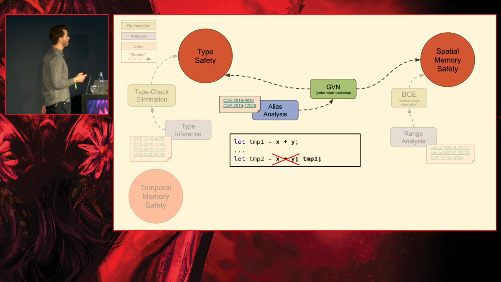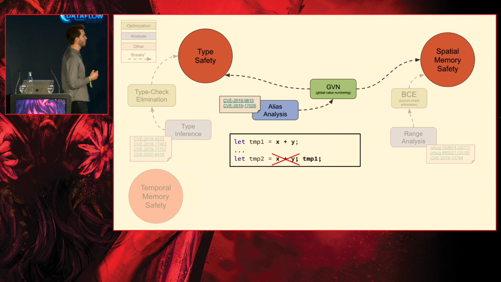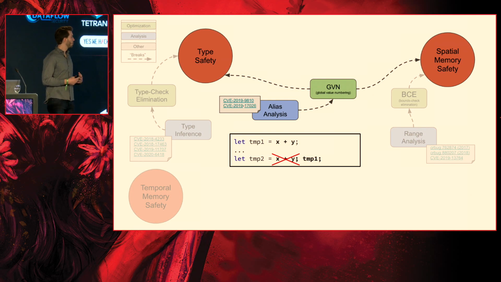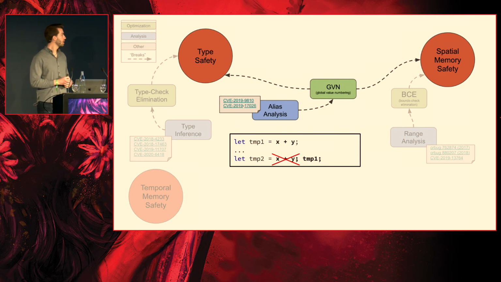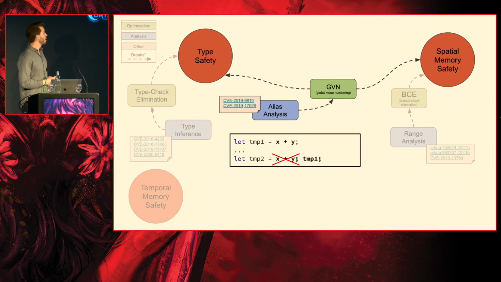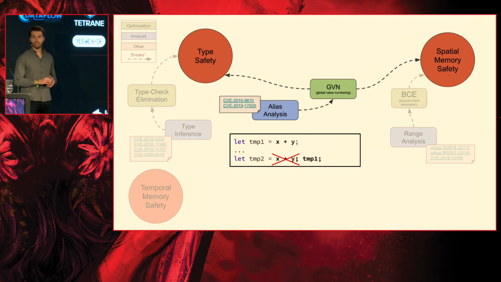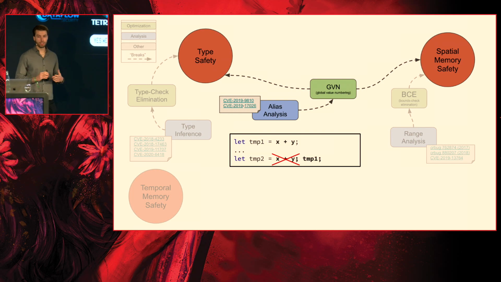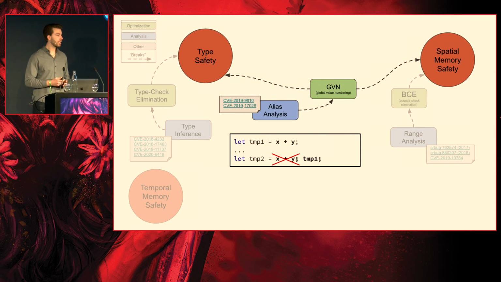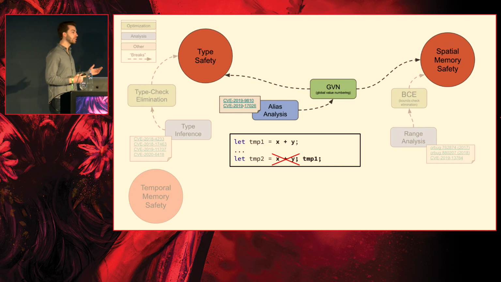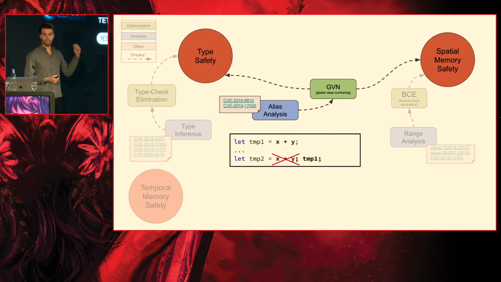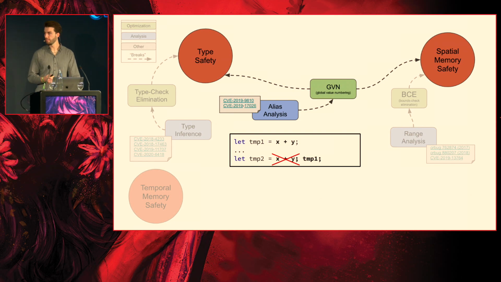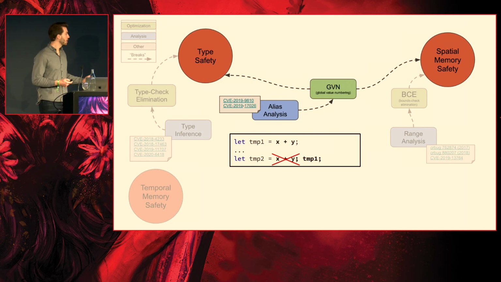Then we have this optimization here. This one is specific to Firefox, while the others are mostly happening in every engine. Global value numbering is an optimization where they try to find duplicate operations. So it's a bit more generic than just type check elimination. For example, if you're adding the same values twice, this pass will figure it out and not make you do it twice. And here were similar issues.